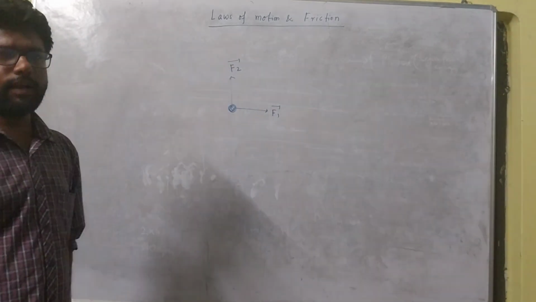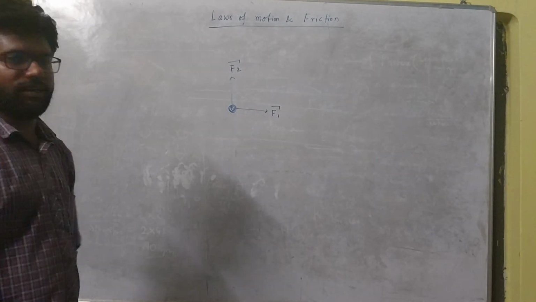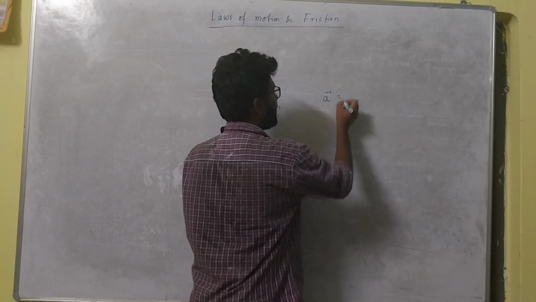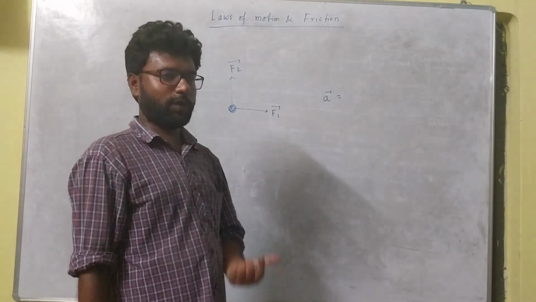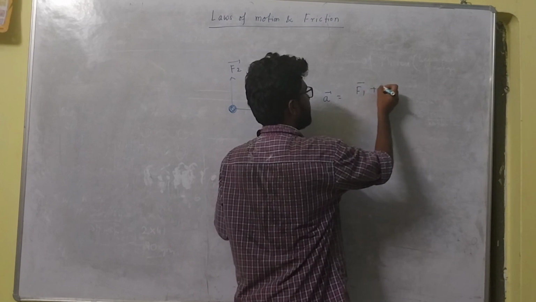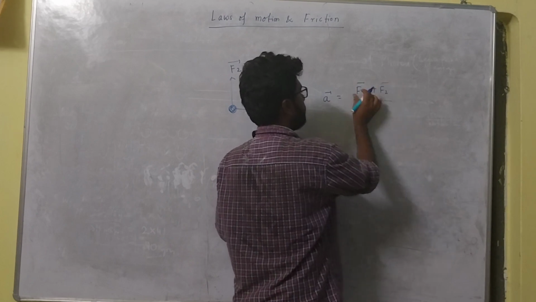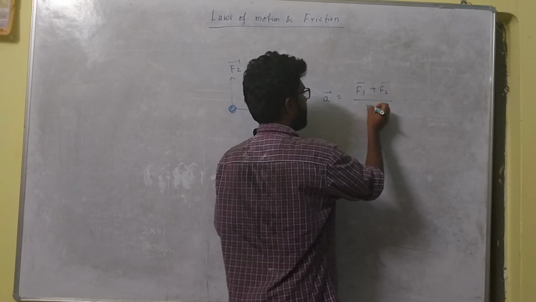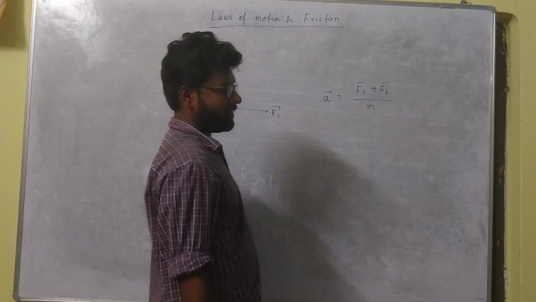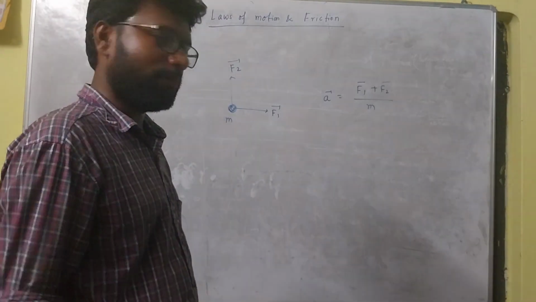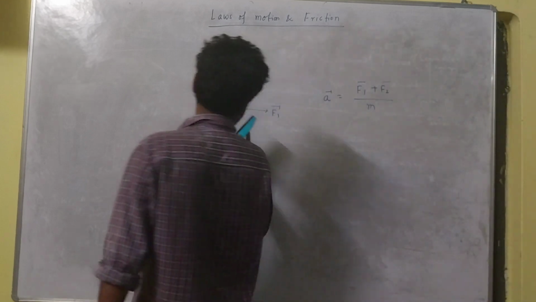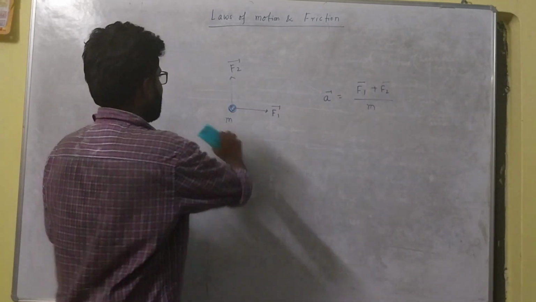Then what will happen? The acceleration will be the vector sum of the forces divided by its mass. That means the vector sum of F1 and F2 divided by its mass m will be the acceleration of that object. Okay, that is the second law of motion.